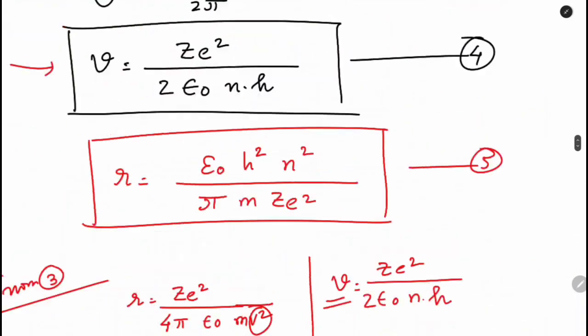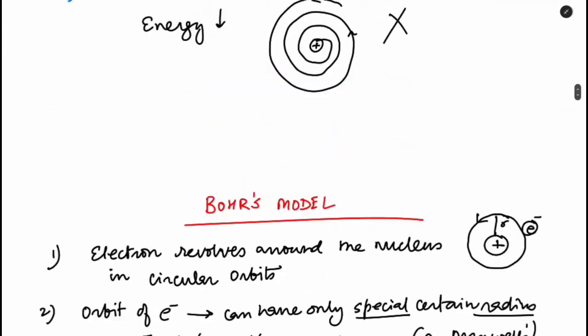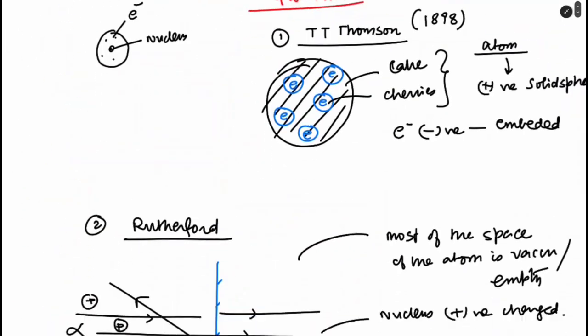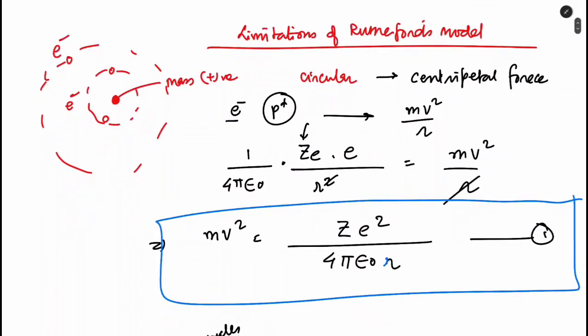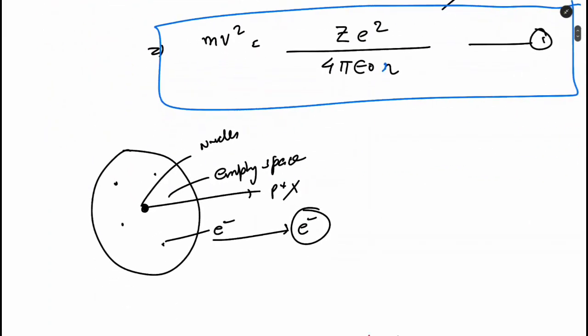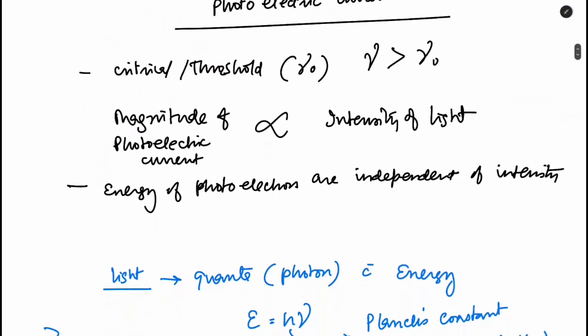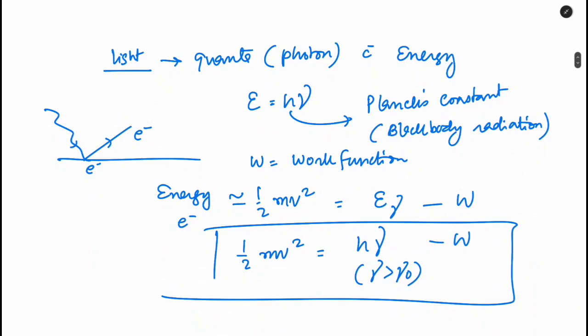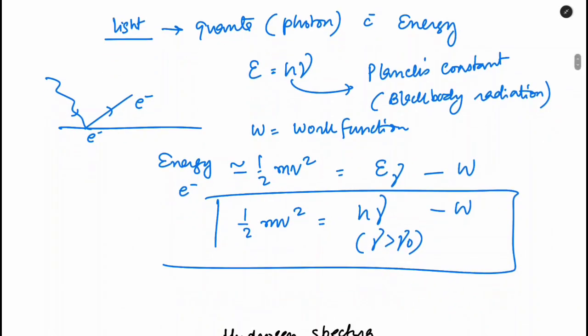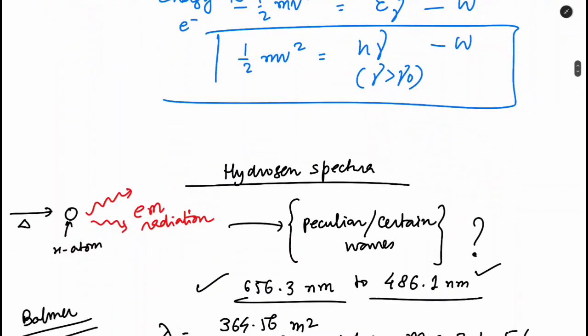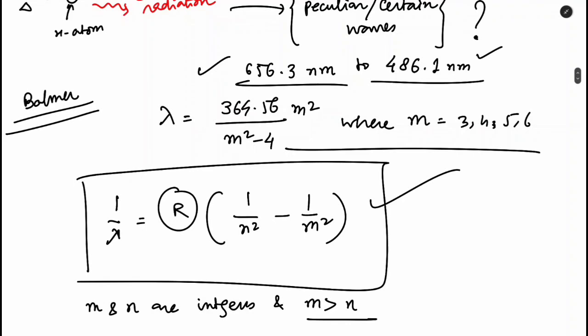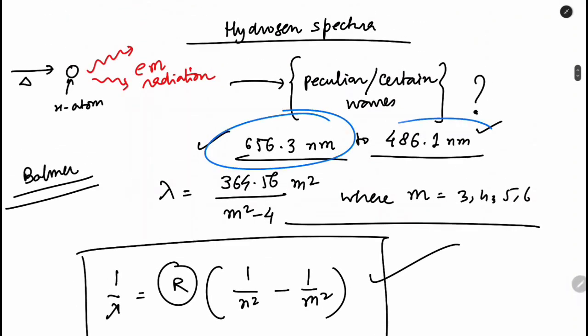We started the discussion with Thomson's model, then we talked about Rutherford, then we looked at the limitation of Rutherford's model, we looked at the photoelectric effect, then we looked at the wave function, why the hydrogen behaves in a peculiar way, why these distinct wavelengths were coming.